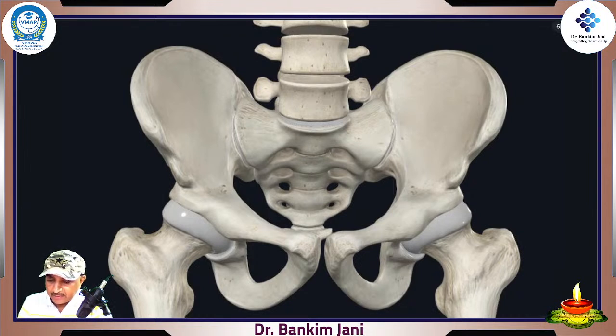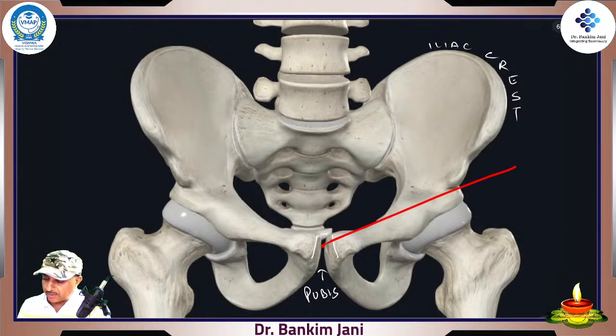So see, here is the iliac crest. Pubis is in center. This is where both the pubis join over here, and that's why this particular joint is called the pubic symphysis.